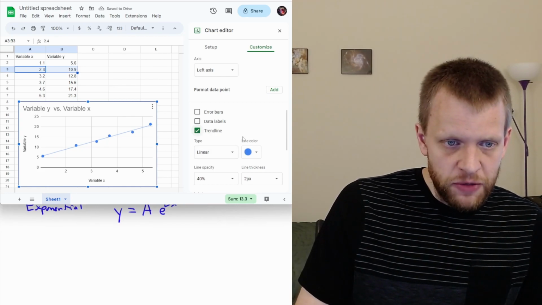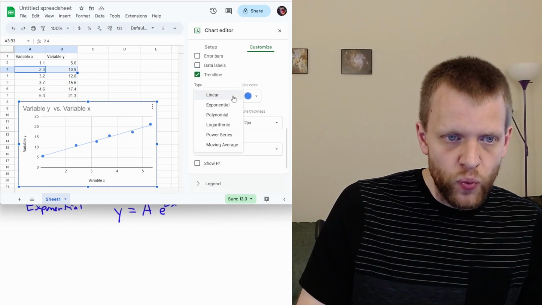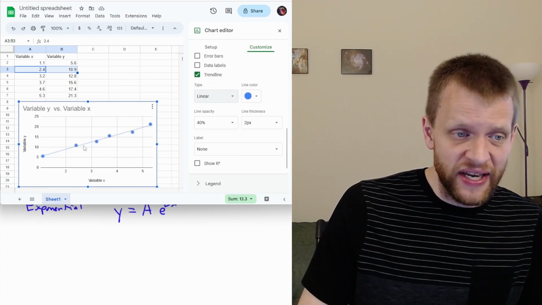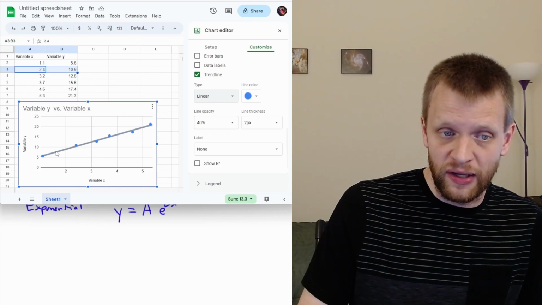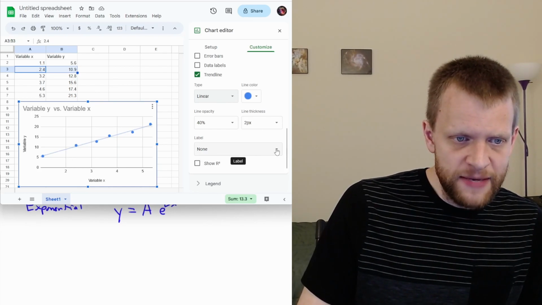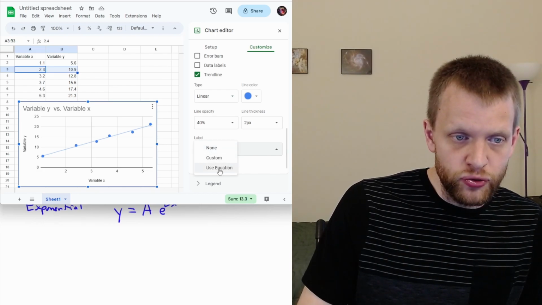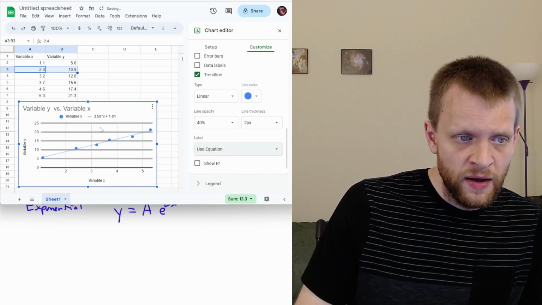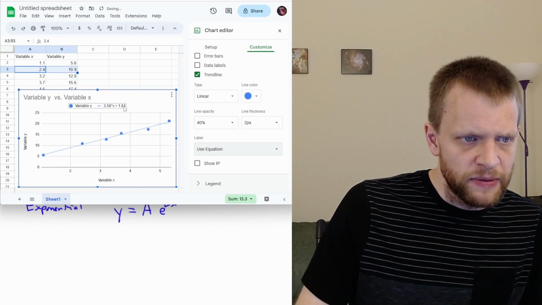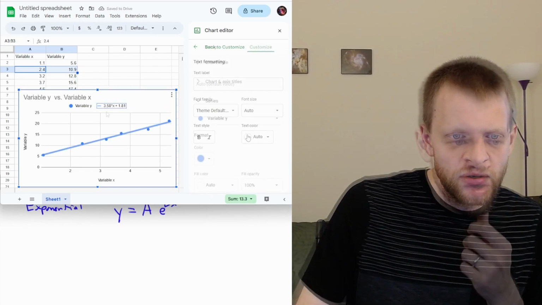So when you hit that, there's going to be some more options that open up. We can identify what type of trend line we want. Looks like in this case, we're going to get a nice linear trend line that seems to match our data the best. And then for the label, we can hit Use Equation. So now what this is telling me up here, let me make this a little bit larger, a little bit easier to see.